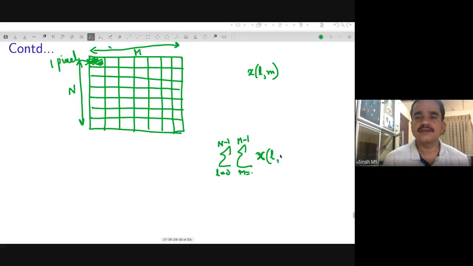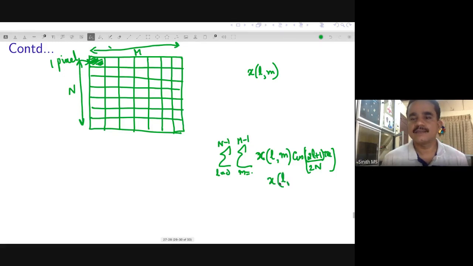So you find using x_lm, you take the summation, you will have two summations, cos((2l+1)/2N) pi k, multiplied by x_lm, cos((2m+1)/2N) pi k.